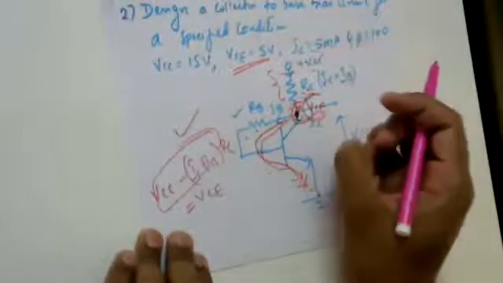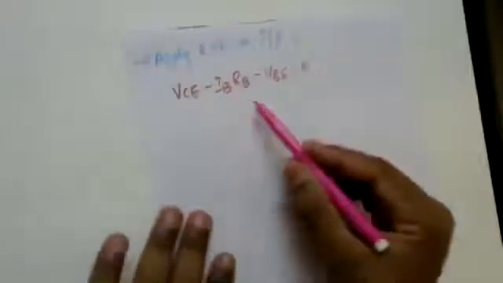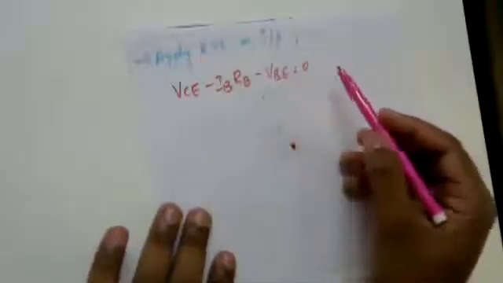Is it clear to you? Even if you take the straightforward equation that we discussed in the theory session, that is also true. So don't panic about how this equation is coming: VCE minus IBRB minus VBE is equal to 0.